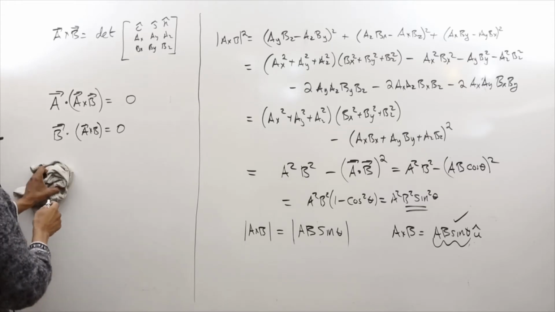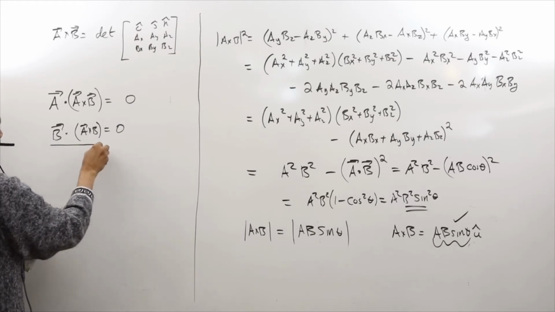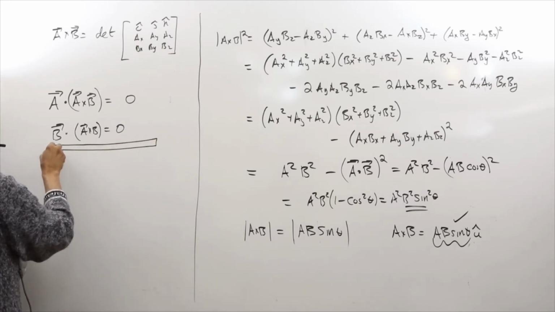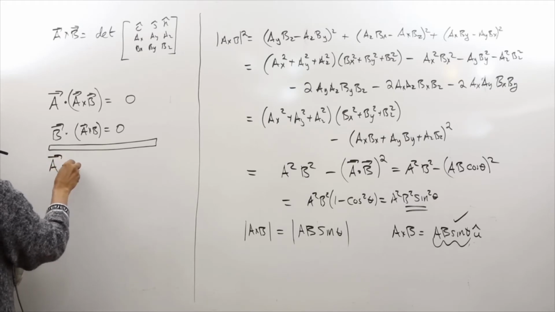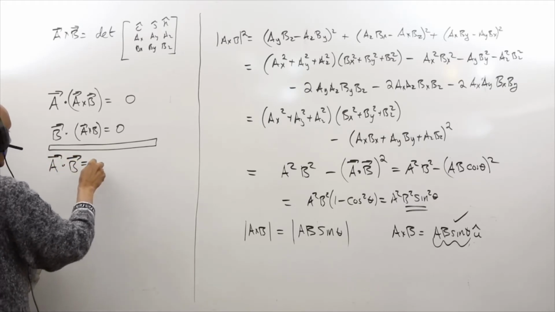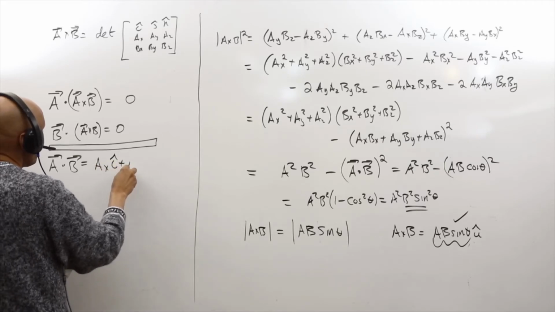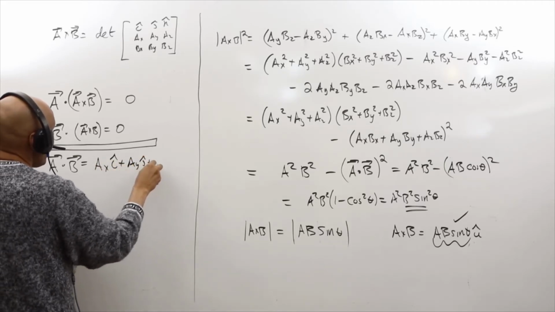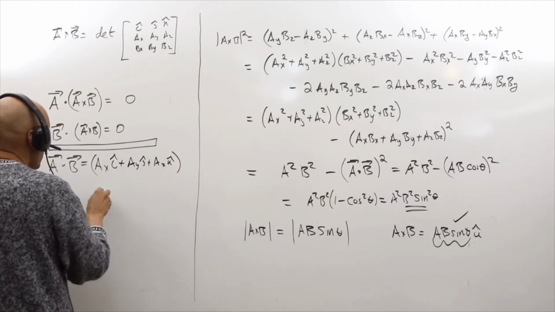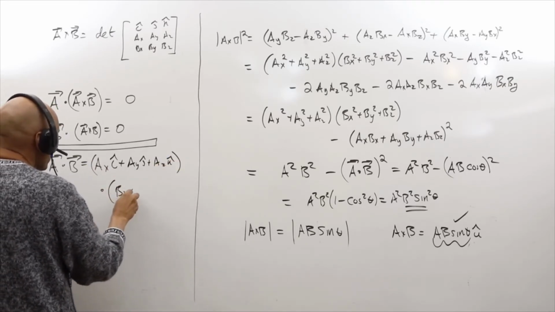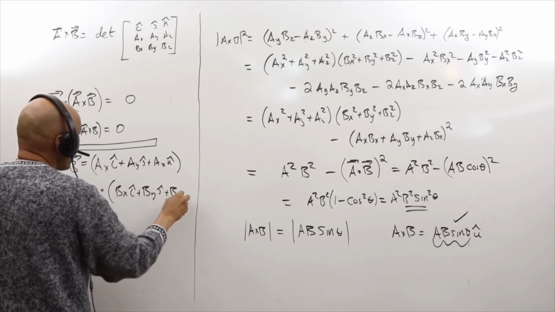Just a little side note. Whenever I do a dot b, that is (ax i plus ay j plus az k) dotted with (bx i plus by j plus bz k).